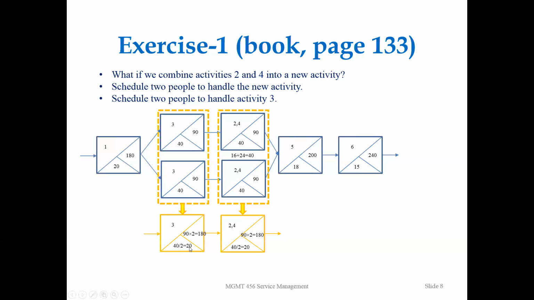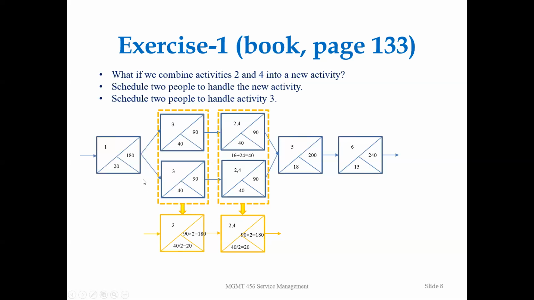So new cycle time is 20. The capacity for 1 person is 90. So with 2 people, you can double the capacity. So 90 times 2 is 180. So that's the new equivalent capacity. Same thing for the new activity 2 and 4. So cycle time will be half, 20. Capacity will double, will be 180.